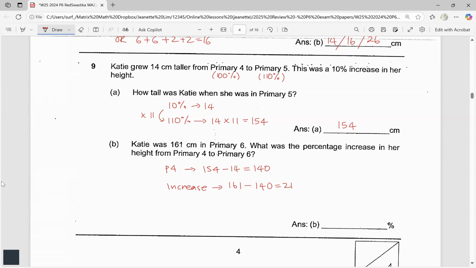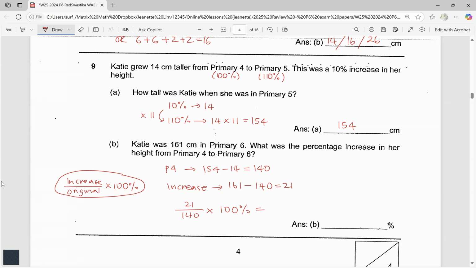Now to find percentage increase, always use this formula: increase over original, times 100%. Okay, so this is the formula that you need. The increase is 21. What's the original? Original means at first, so before. Before is 140, times 100%.